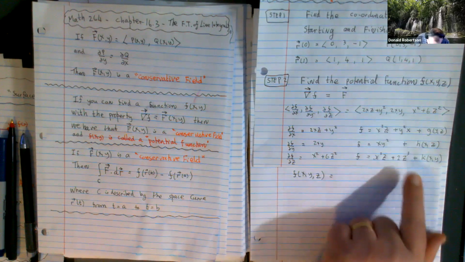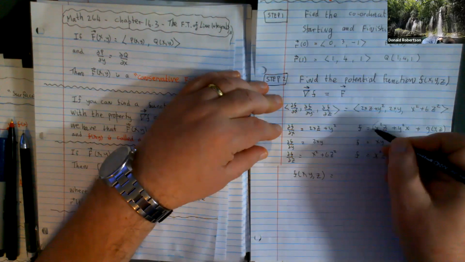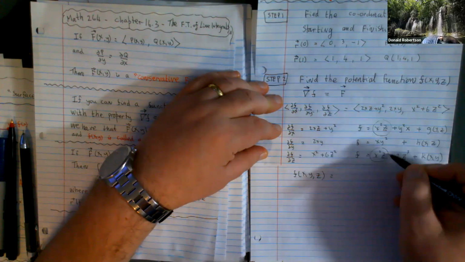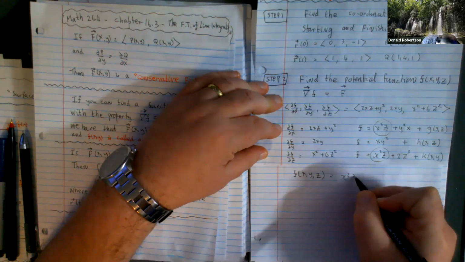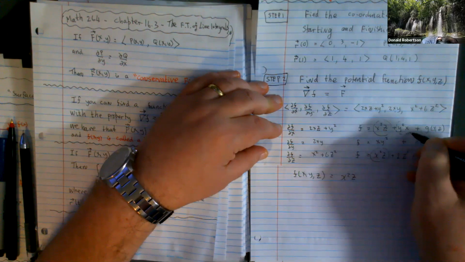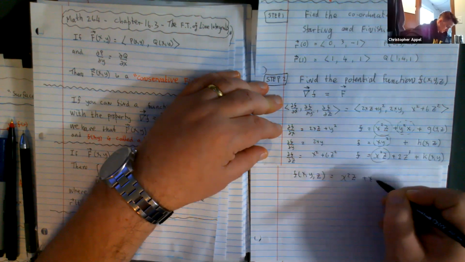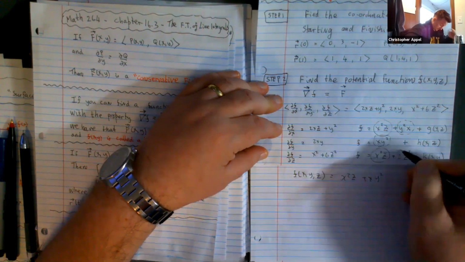When you put that together, let's see what we get. Would you agree that there should be an x squared z? Yes. Would you agree there should be a y squared x, or xy squared, which is probably a better way of saying it? Yes. And there should be this guy in it.